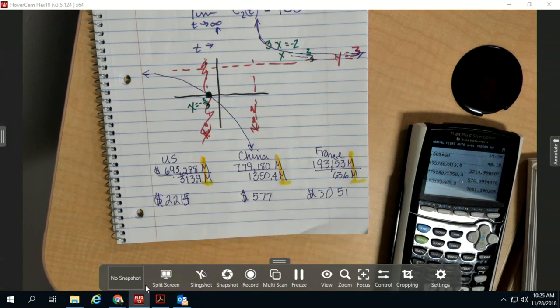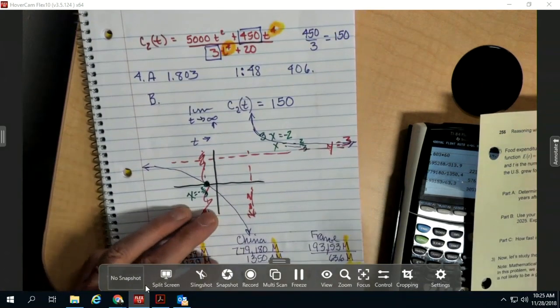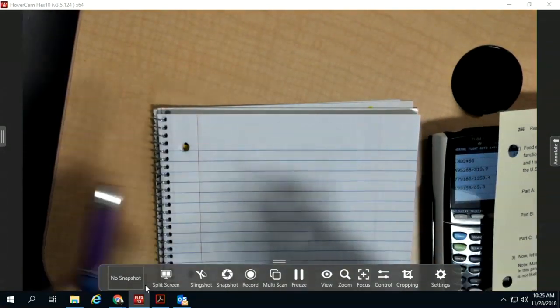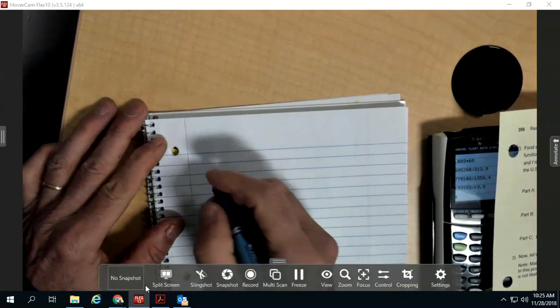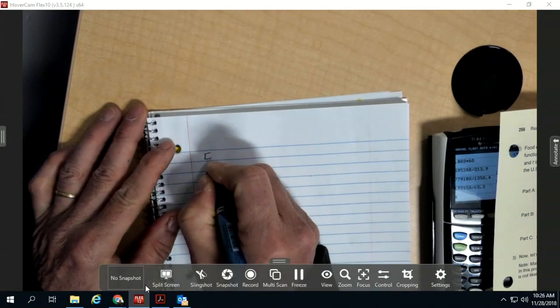Okay. So that's how much they spent in whatever year that was. Don't remember the year. 2012. Page 256. Food expenditures in the United States between 1988 and 2013 can be modeled as follows.